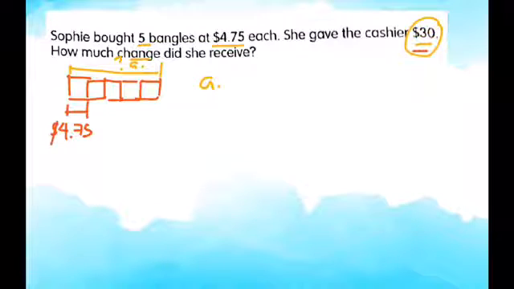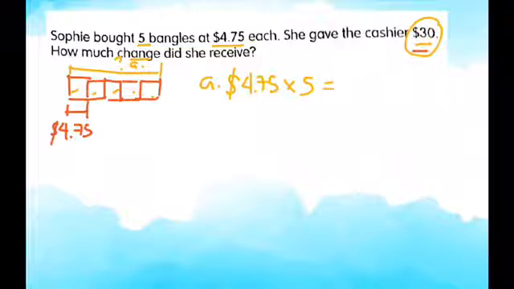So let's first look for letter A. So how are you going to do that? We multiply $4.75 by 5, since you have there 5 units. Try getting the answer using your maths journal.